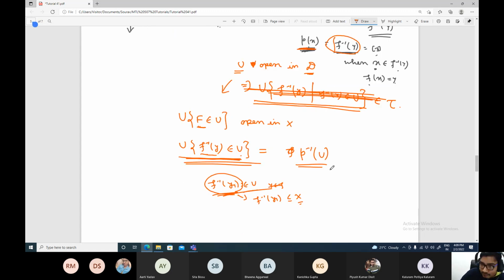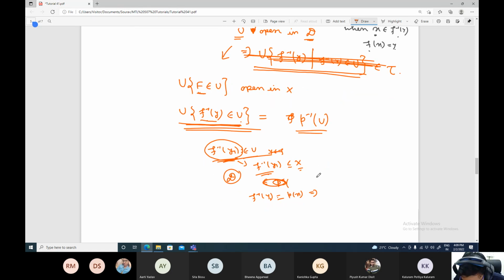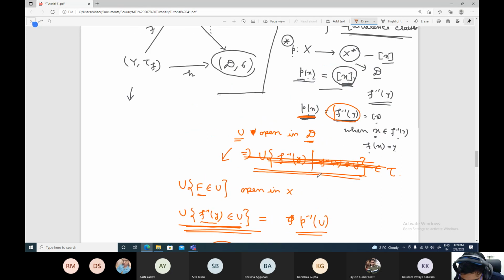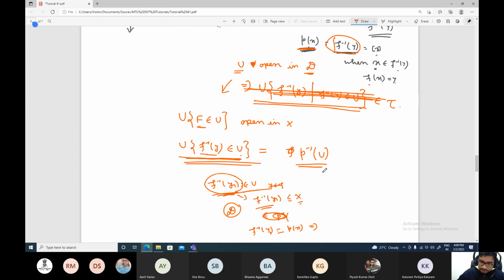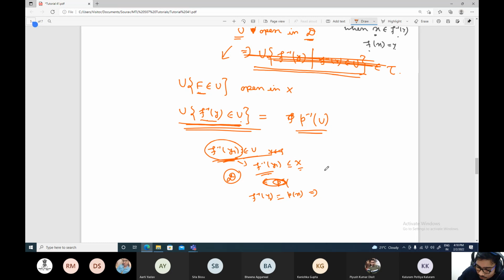And P is a surjective map from X to this collection D. So we can say that this F inverse of Y1 is actually some P of X, right?